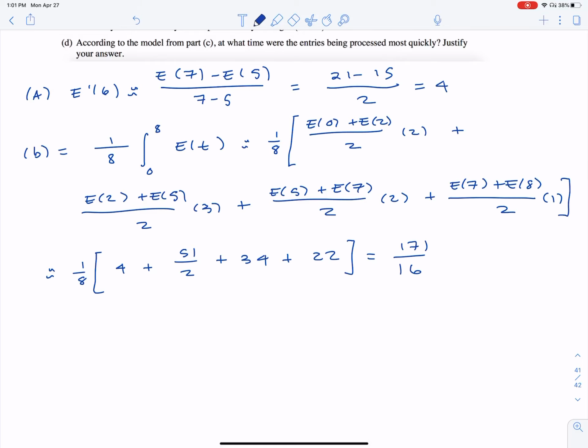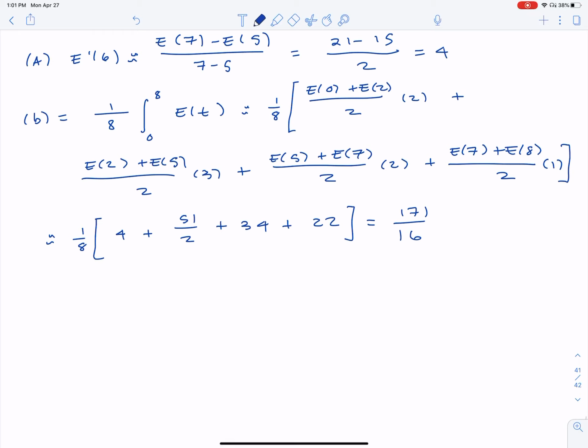If we were to plug that into our calculators, we would get either 10.687 or 10.688. And they're asking for our units. So this is hundreds of entries, if that's how you spell the word entries.